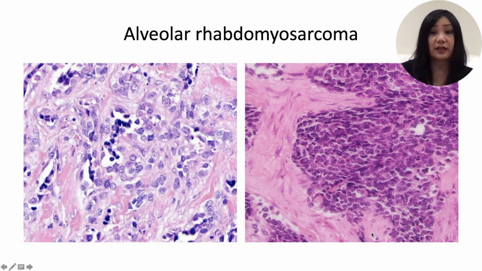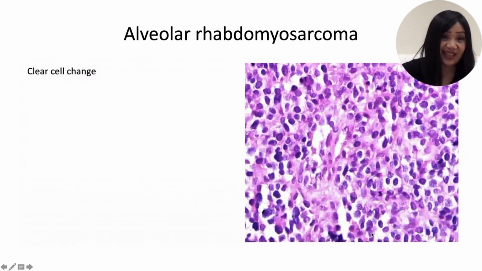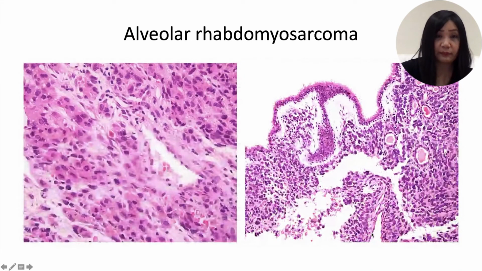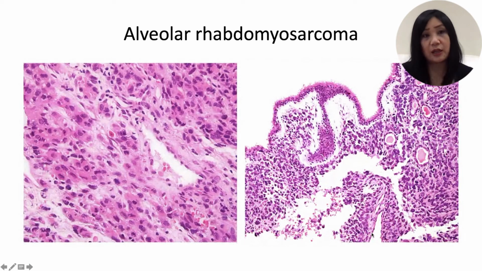The tumour on the right shows angulated nests with a solid look in fibrous stroma, mimicking DSRCT. There can be variable clear cell change, and it's unusual for alveolar rhabdomyosarcoma to show any rhabdomyoblasts. So this is an extremely unusual finding.